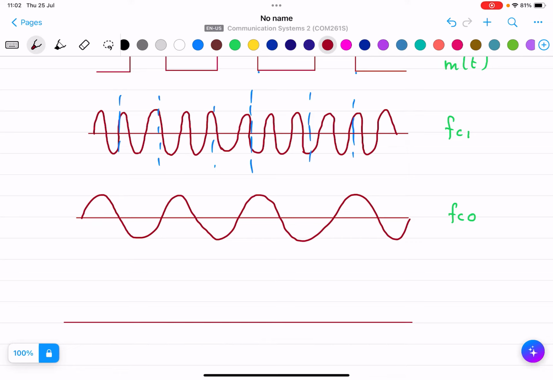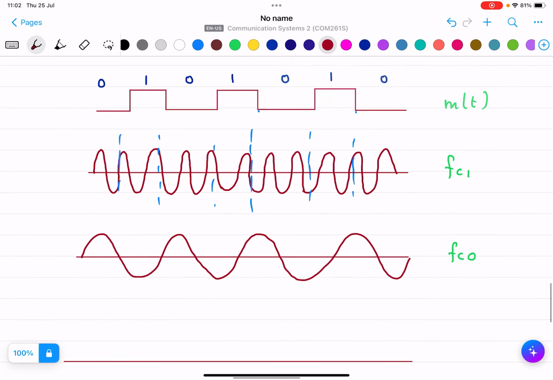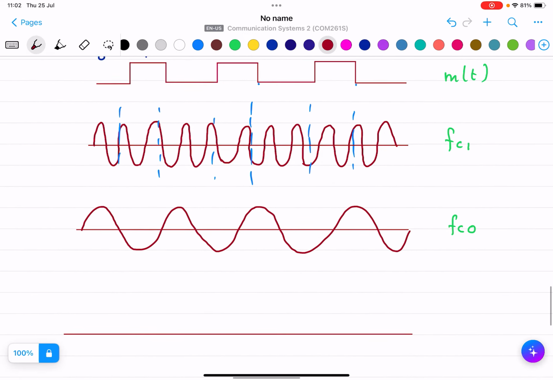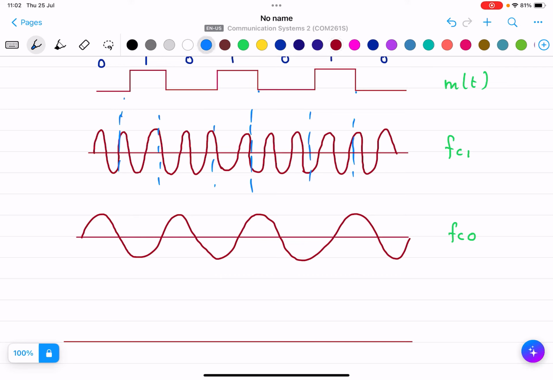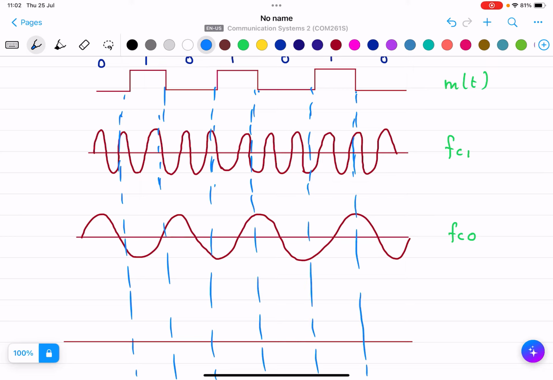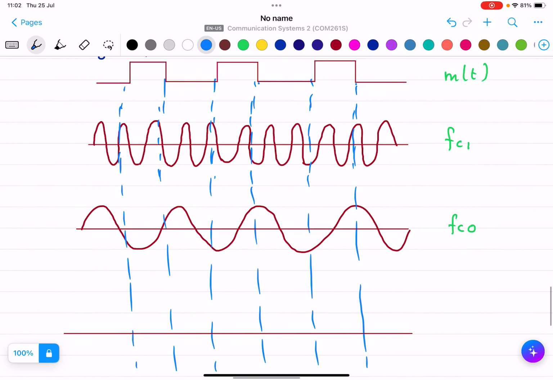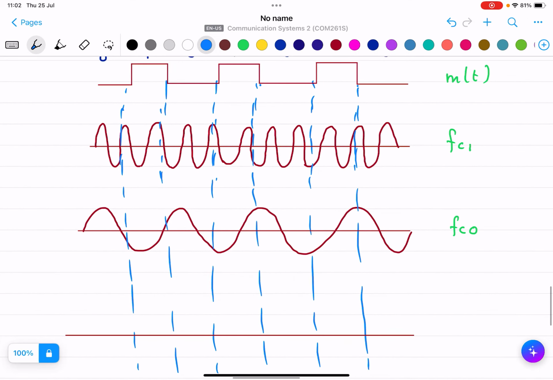Yes. So what will happen is, wherever there is 1, the signal will be high. Now just make these lines. At 0 the low frequency will pass.